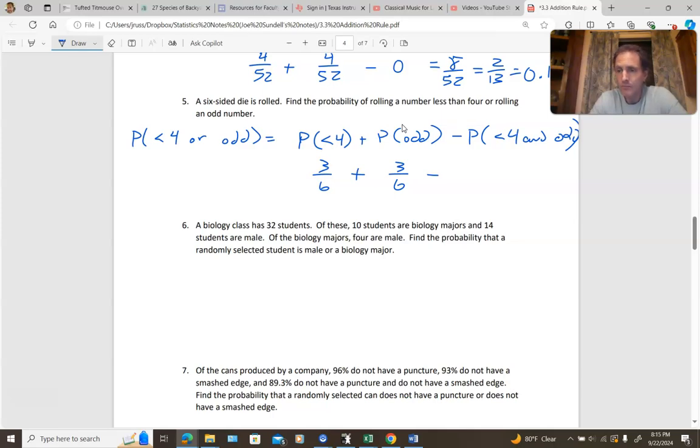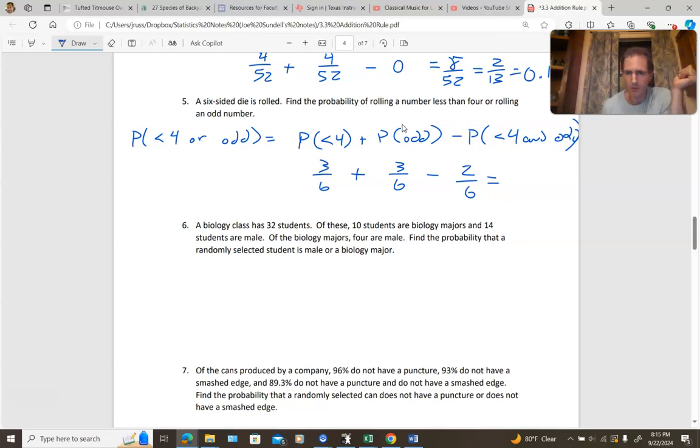So the probability of this intersection is not going to be 0. So you just figure out, well, how many numbers are both odd and less than 4? Well, the numbers 1 and 3. Okay, and that's 2 of them, so 2 out of 6. And when you're doing this, guys, you're going to notice that these denominators are pretty much all going to be the same.